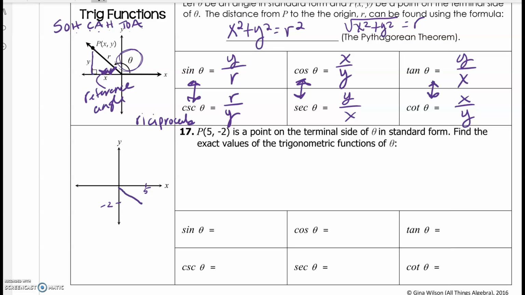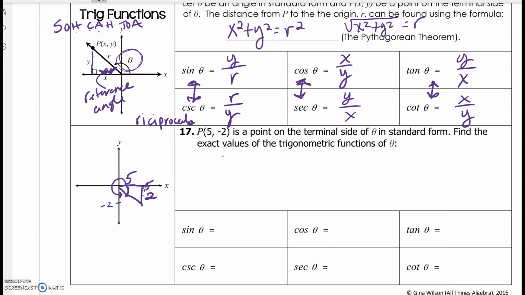So my angle theta is actually this, but my reference angle is what I'm going to use to figure out what my cosine is. Now my reference angle, I know it extends down 2 units, and I know that it's out 5 units. So I can find this.